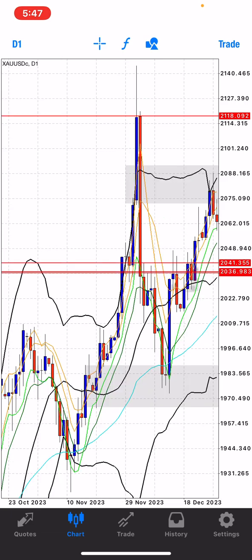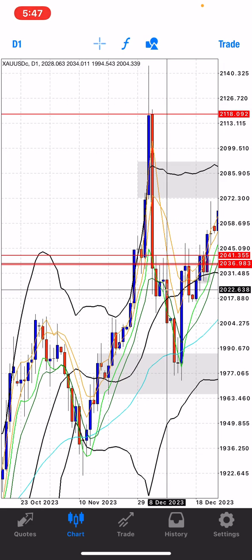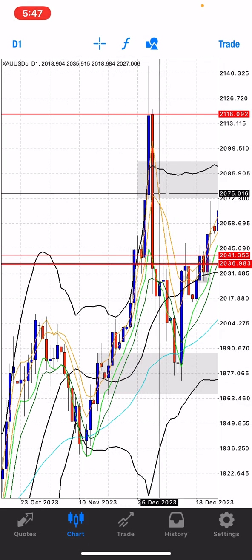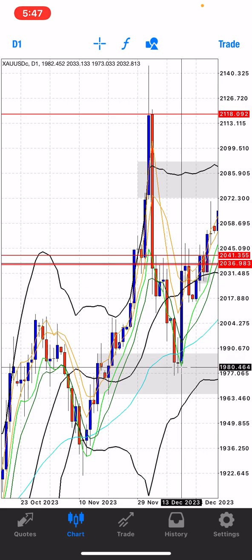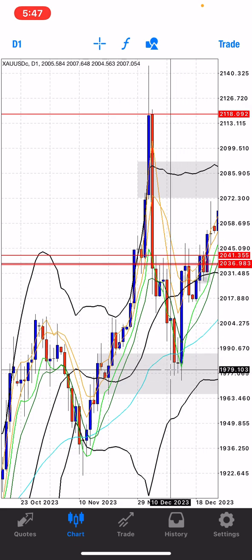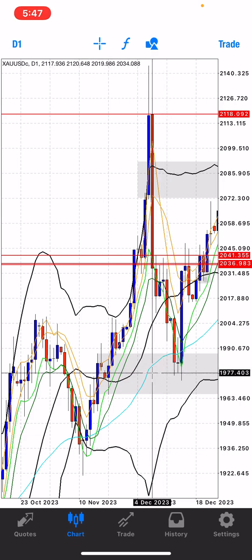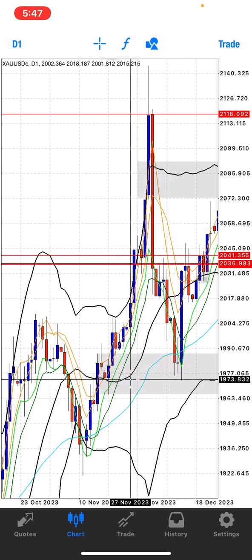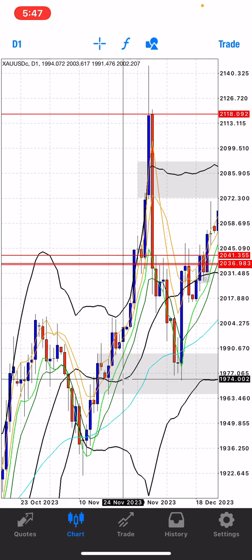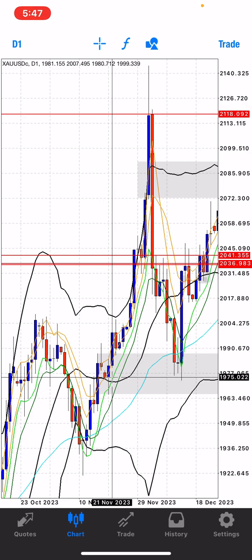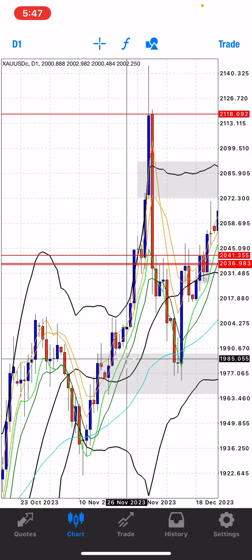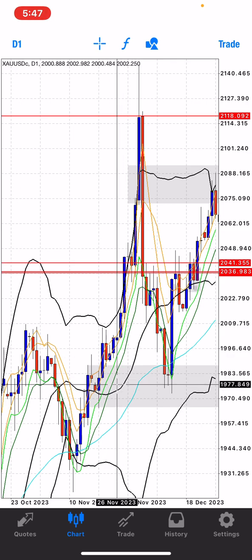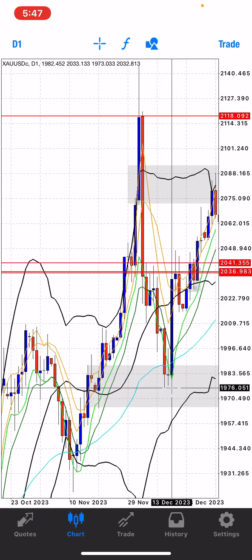This zone in the daily is a valid order block that broke structure, and price already tested it. I was expecting it to test it again, because this is when an SND zone becomes an SNR zone, that is, a supply and demand zone becomes a support and resistance zone. So in this case, this demand area is now becoming a support zone.